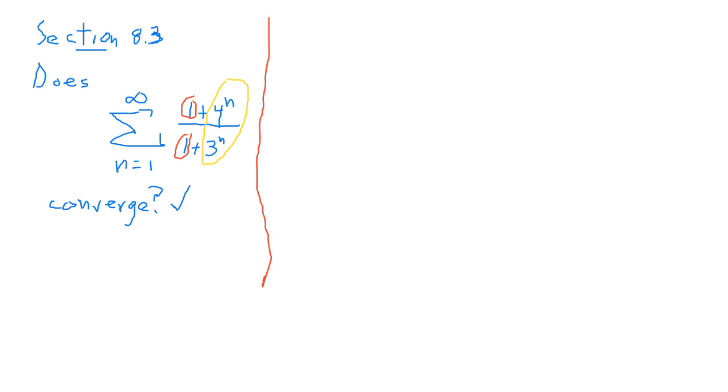That's right, it would be a geometric series. So somehow I have to relate this problem to a geometric series. And then the question is, does the series converge or diverge?